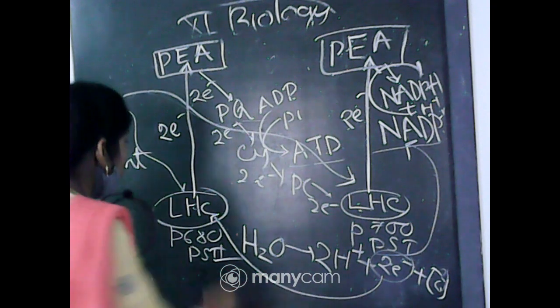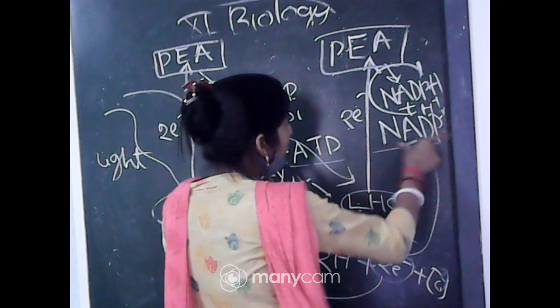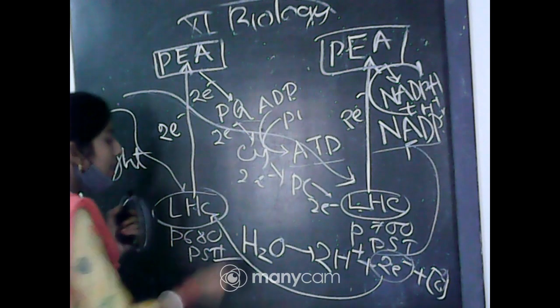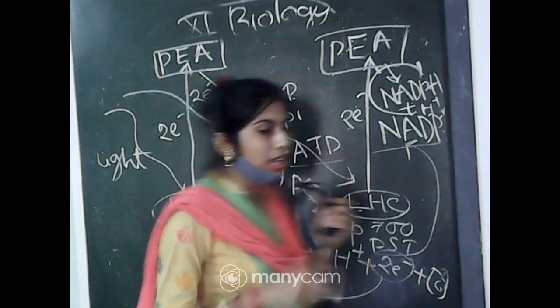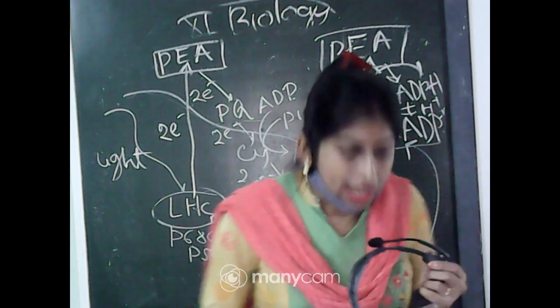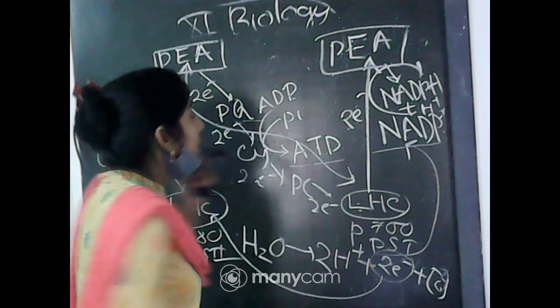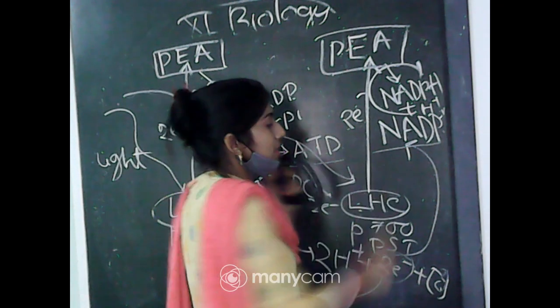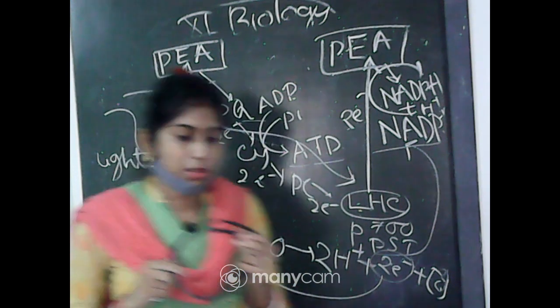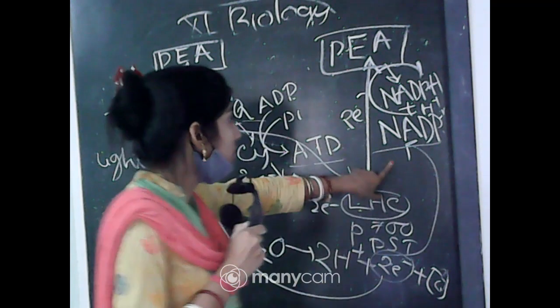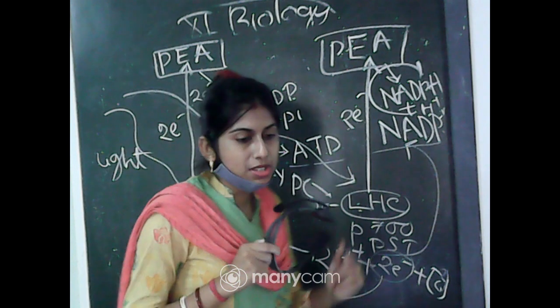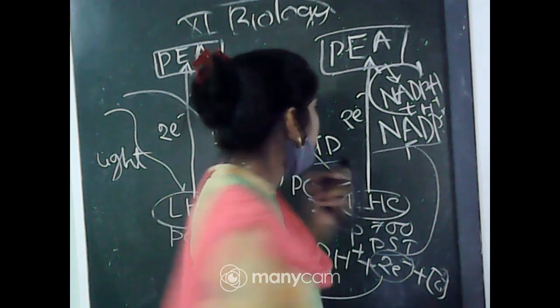Now where are photolysis and reduction of NADP plus taking place? Photolysis of water takes place in the inner membrane of thylakoid, and the reduction of NADP plus takes place on the outer membrane of thylakoid. Why? Because for this reduction an enzyme is required, called NADP reductase.